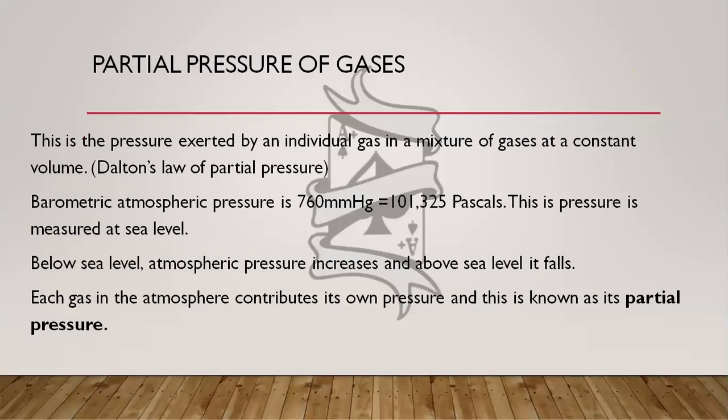The concept of partial pressure is very, very important. Partial pressure speaks to the pressure that each individual gas in a mixture of gases, in this case air, has at a constant volume. So, for example, you have a balloon, you blow some air into the balloon, right? Air is not only oxygen, it is not only nitrogen. It has different percentages of gases within that air.